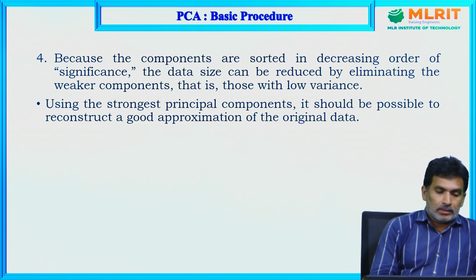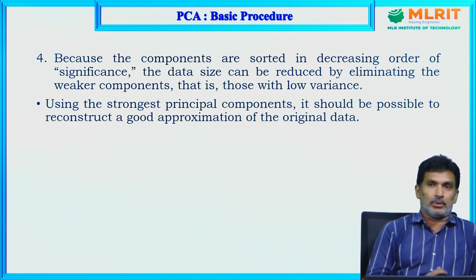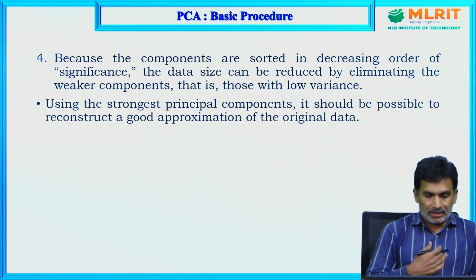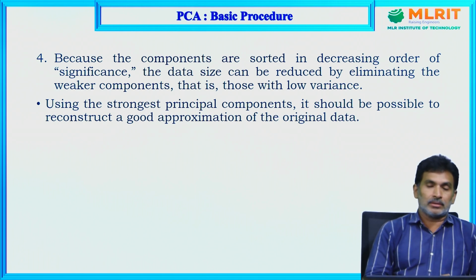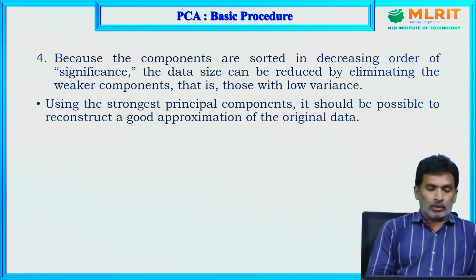Next, the fourth step: because the components are sorted in decreasing order of significance, the data size can be reduced by eliminating the weaker components. As we discussed many times in the previous lecture on data pre-processing, whatever features a data set has, all the features may not have equal importance.